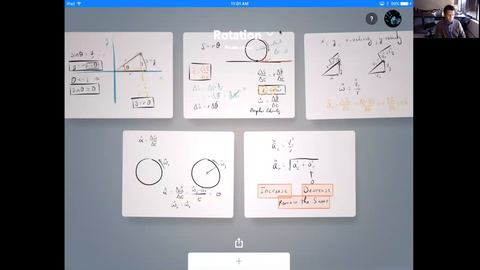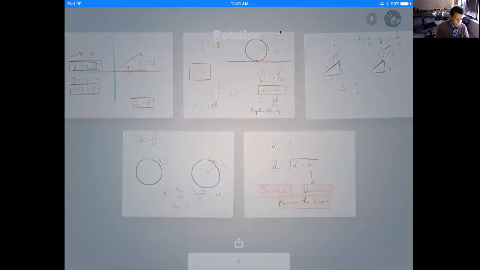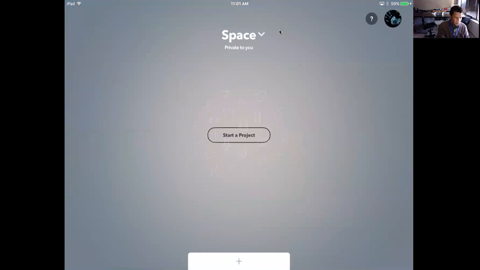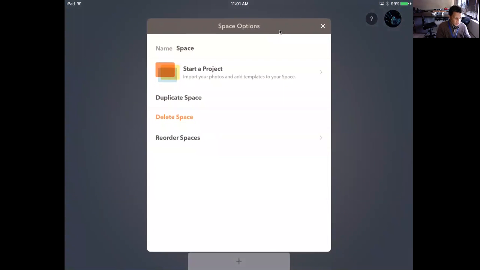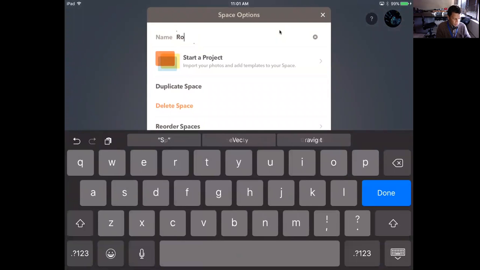In the last section, we talked about rotation, but let's just extend this.